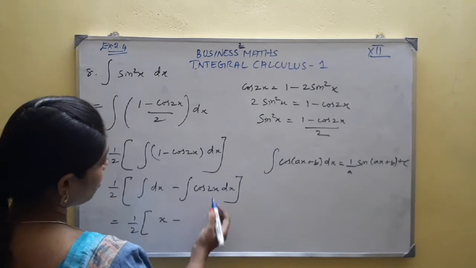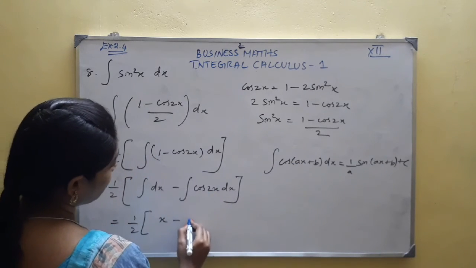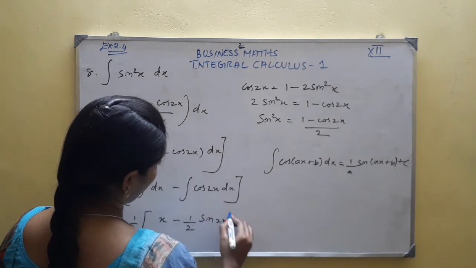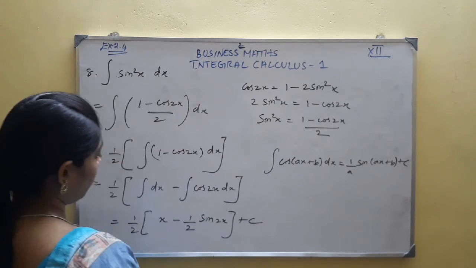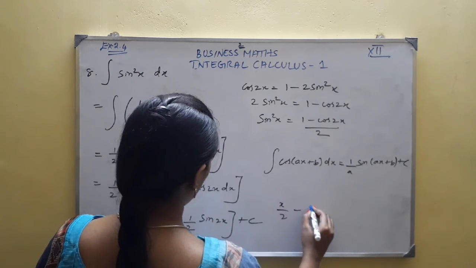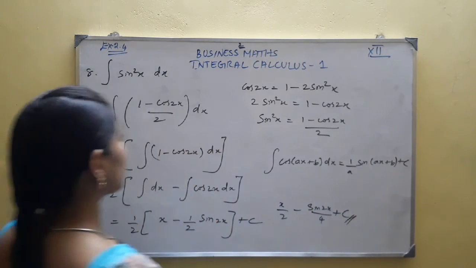So here the coefficient of x is 2, so 1 by 2 sin 2x plus c. Okay, if you multiply this by 1 by 2, you will get x by 2 minus sin 2x by 4 plus c.